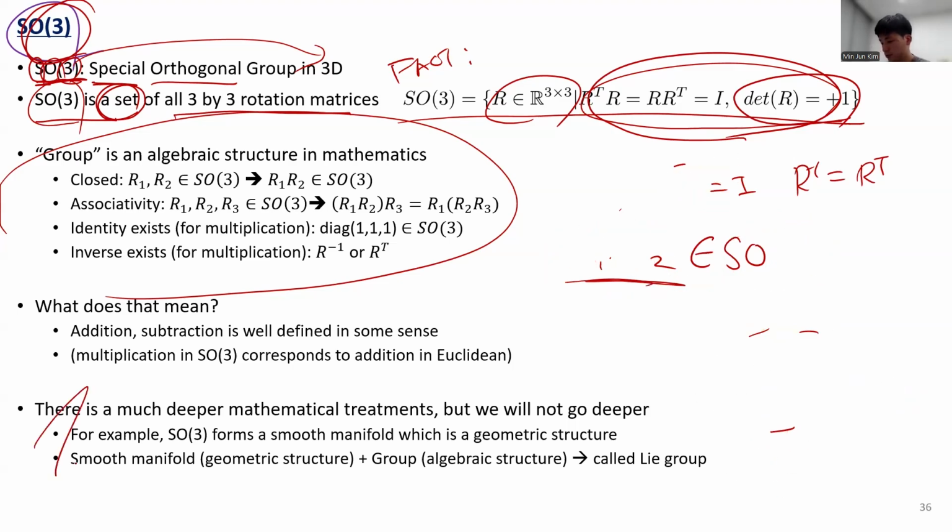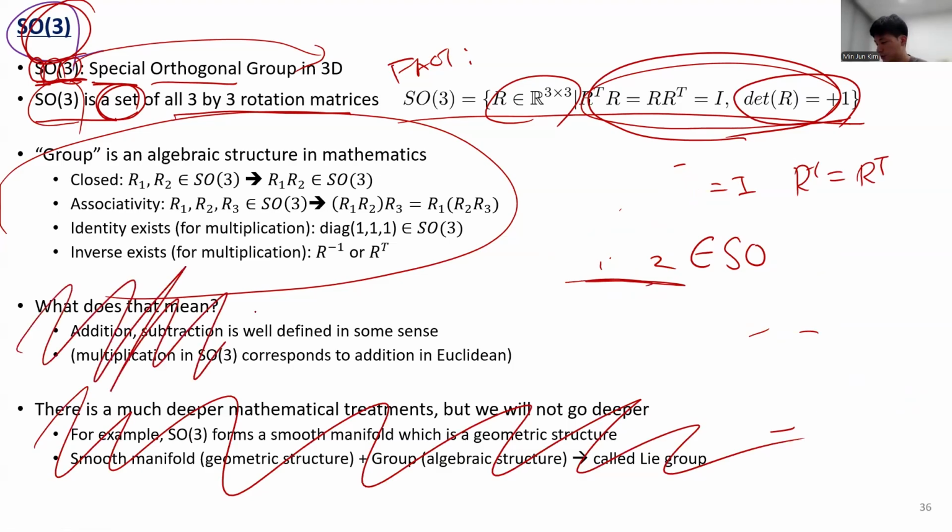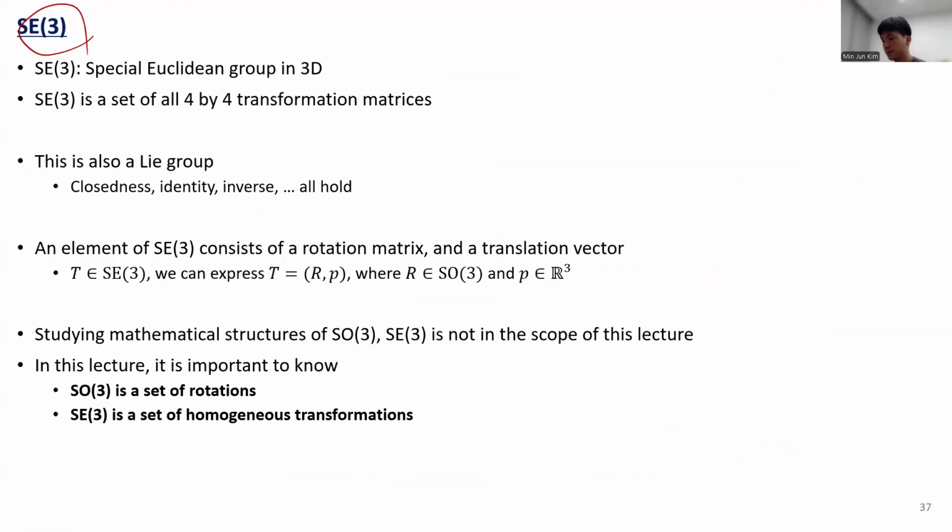I don't think you really have to do this. I don't think we have to do this either, and I think we can just move on. Okay. Similarly, we can define something called SE3, which is called the special Euclidean group in 3D space.